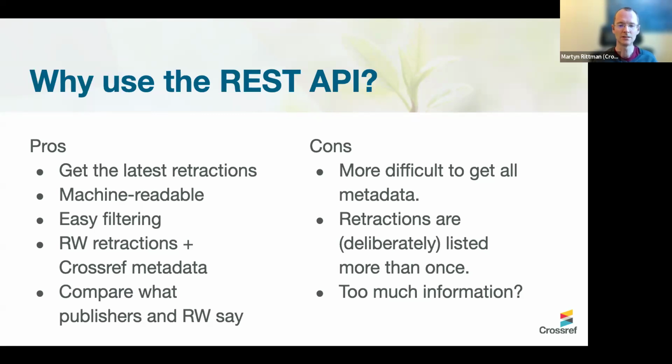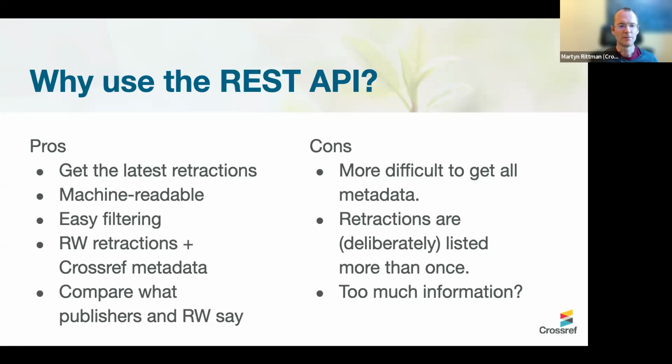But in the meantime, until members are able to give their side of the story, if you like, we won't include that in the REST API, although those reasons are in the Retraction Watch CSV file. I guess the final thing to say is, there may be just too much information. Again, this depends on exactly what you want to do and how you want to analyze the data and use it. But there may be information in the REST API that you don't need.